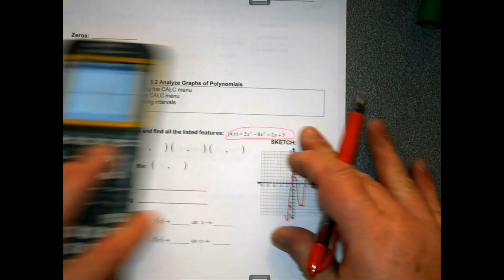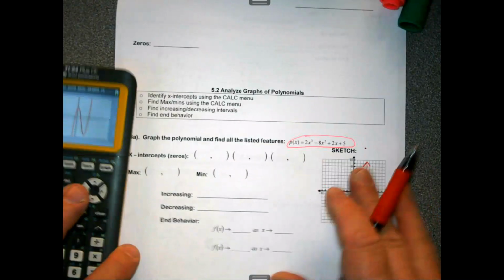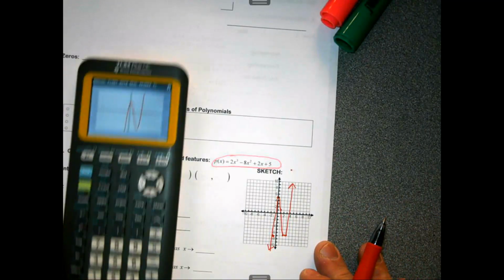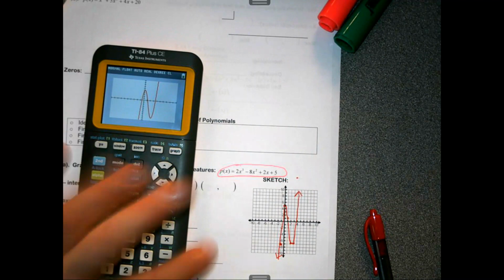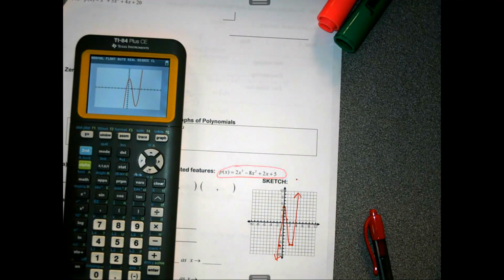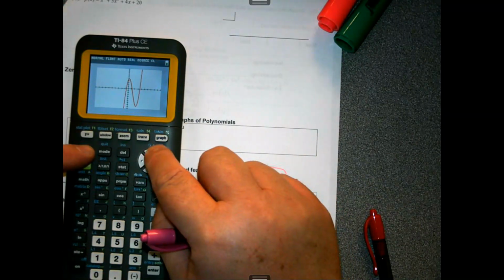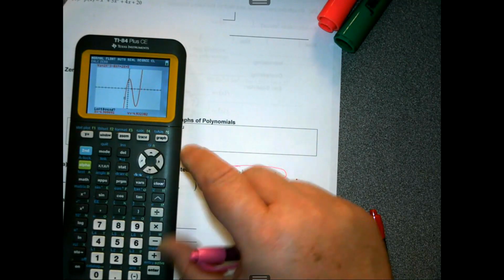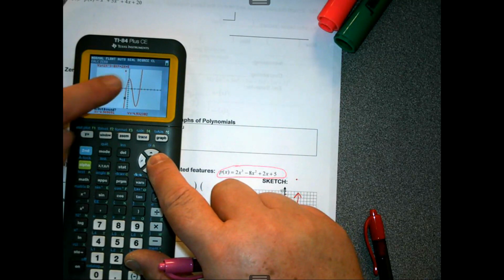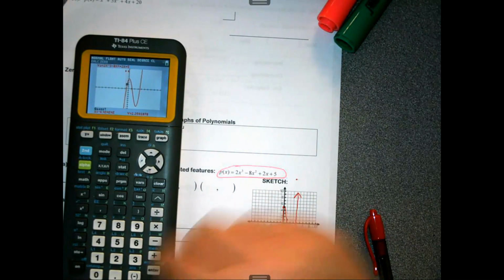All right. So the first thing we need are the x-intercepts or the zeros. Our zeros here. Second trace, zero, enter. Left bound, enter. Now I'm doing the zeros, so I'm not doing the mins or max. Right bound, enter, enter.